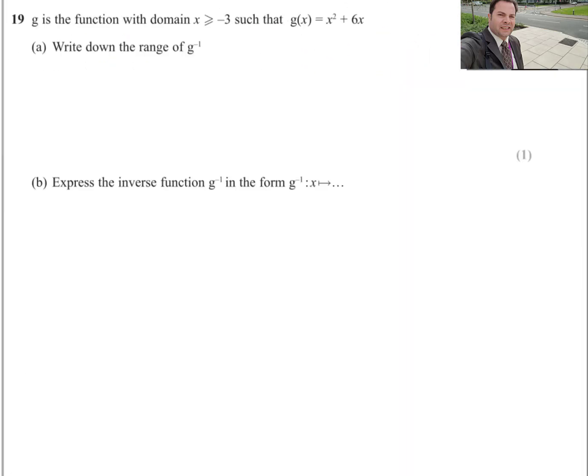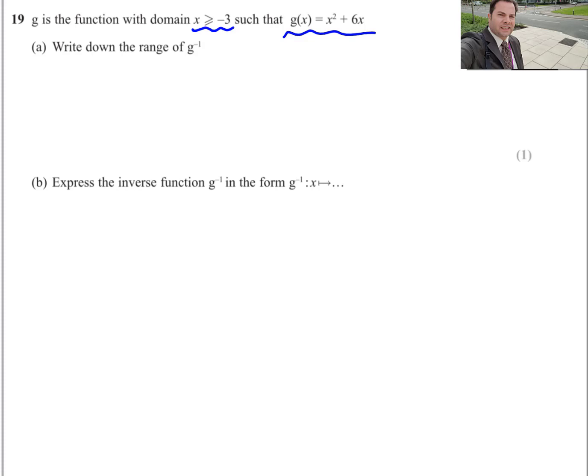Question number 19. g is the function with domain x is greater than or equal to negative 3. The function g of x is equal to x squared plus 6x. Write down the range of g inverse. The domain of g becomes the range of g inverse.